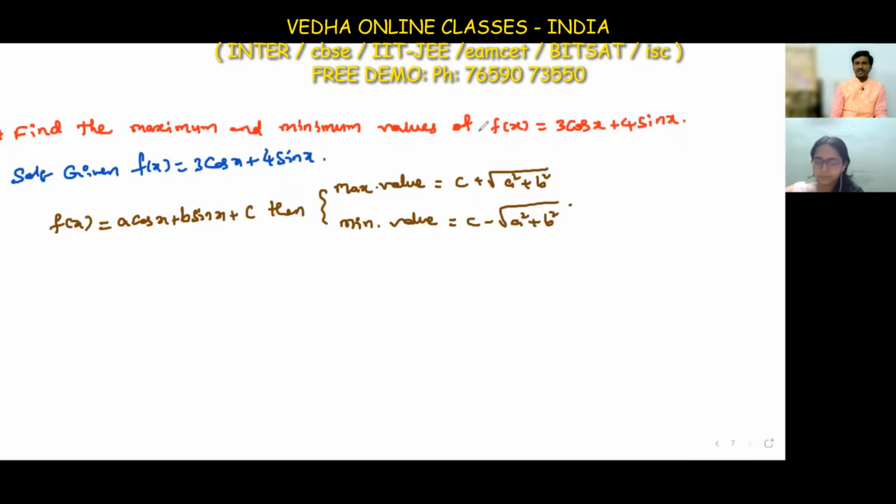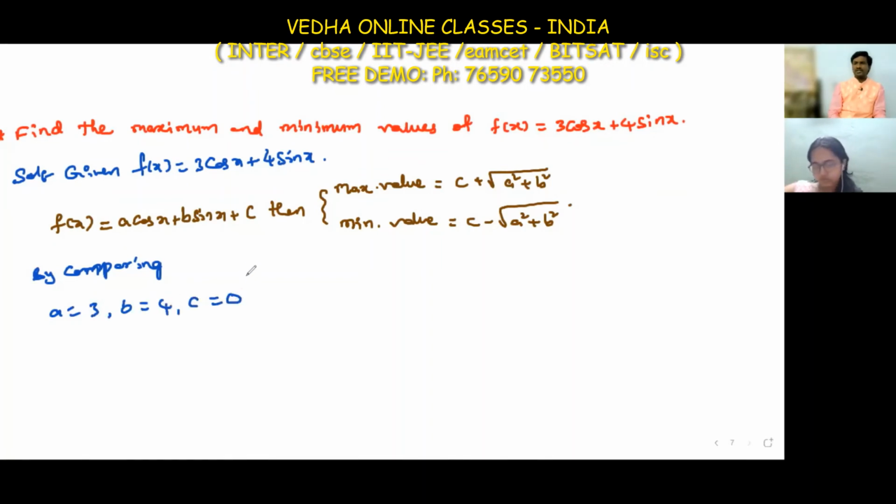By comparing, what is the a value? The cos x coefficient a is 3 and b is 4, and c, there is no constant, so the constant value is 0.